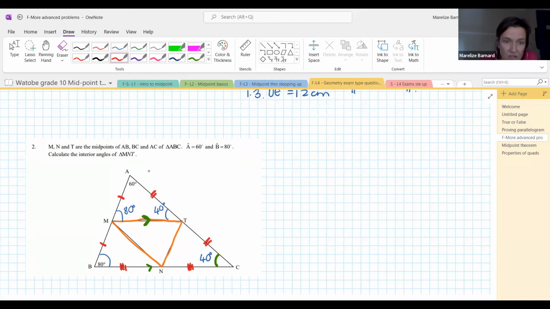Okay, we can also say that this side is 3 because it's half of BC. And this side will be 1. And this side will be 2. There we go.